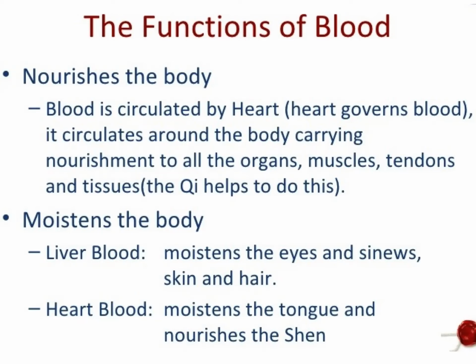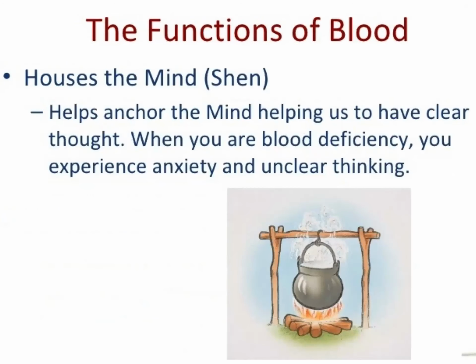The liver blood moistens the eyes and sinews, the skin, and hair. Heart blood, on the other hand, moistens the tongue and nourishes the shen. Blood houses the mind or the shen. It helps anchor the mind, helping us to have clear thought. So when you are blood deficient, you experience anxiety and unclear thinking.